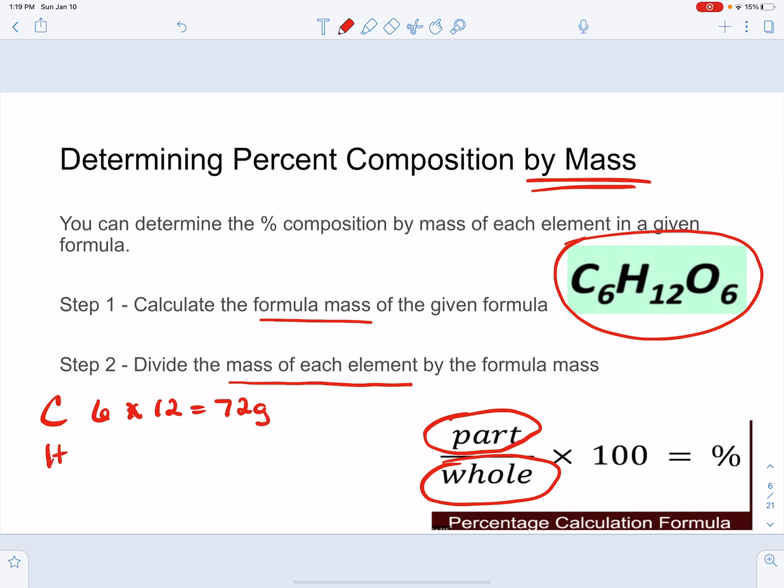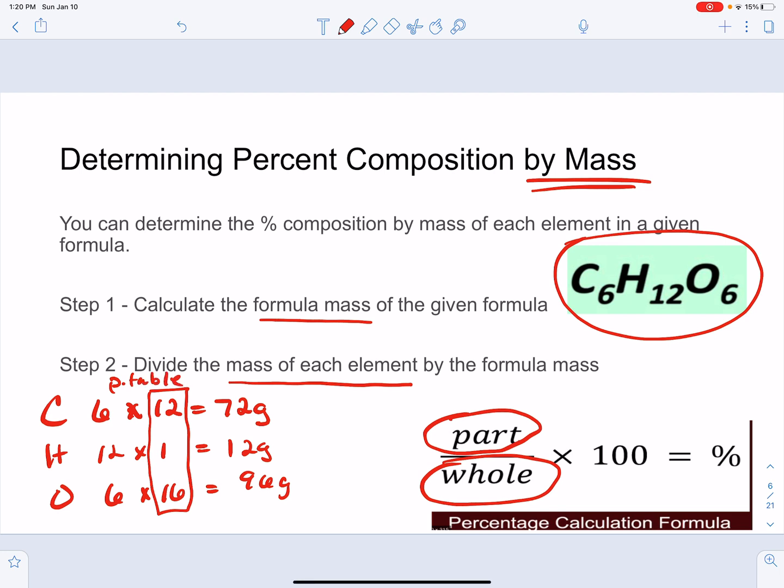For hydrogen, I have 12 hydrogens, and each one weighs 1 off the periodic table, so that gives me a total of 12 grams. For oxygen, I have 6 of them, and they each weigh about 16 from the periodic table, and that gives me a total of 96 grams. These values are coming from the periodic table. These are the masses of a single mole of those substances. If I add all those up, I get 180 grams.